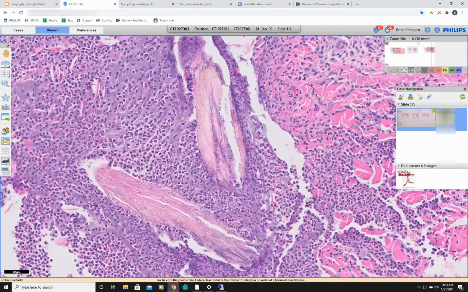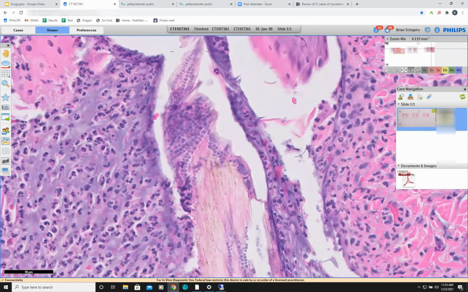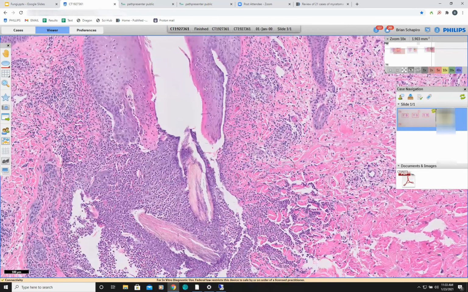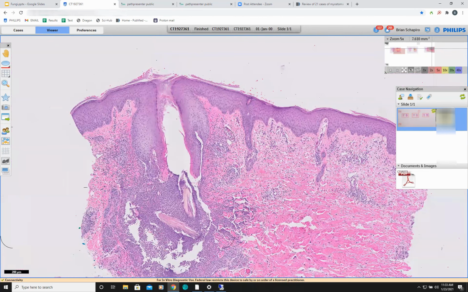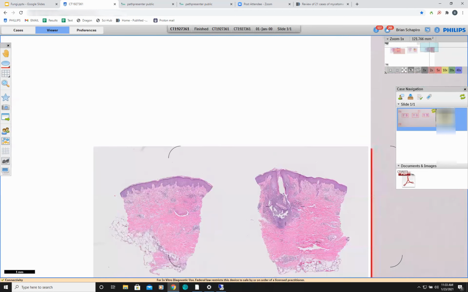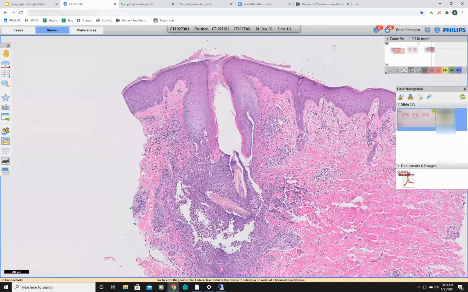This is yet another case of endothrix. Just beautiful histology, and this is one you can call a clinician immediately before you even do the stain. In fact, the stain is not necessary.